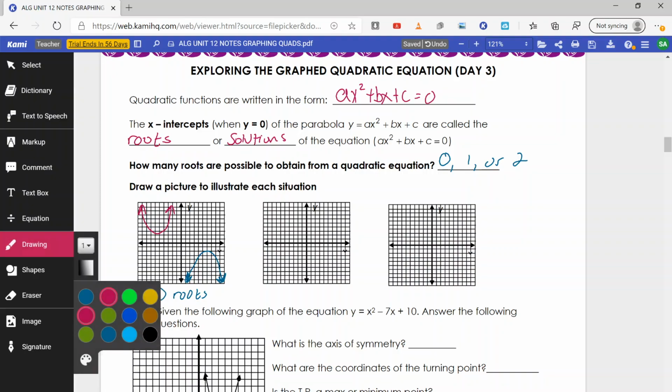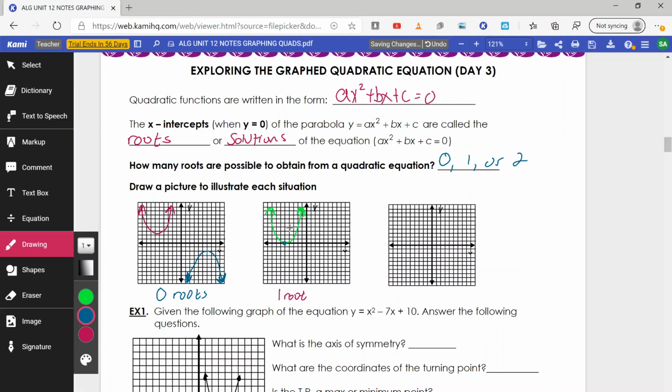Now, if we have one root, this basically means my graph is going to touch the x-axis and then go back up or down. So if we have a parabola opening up, it's going to come down, touch the x-axis, and go back up. So there is one answer because it touches the x-axis right there.